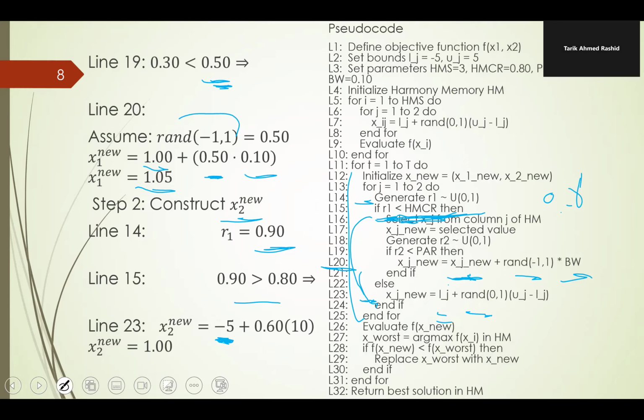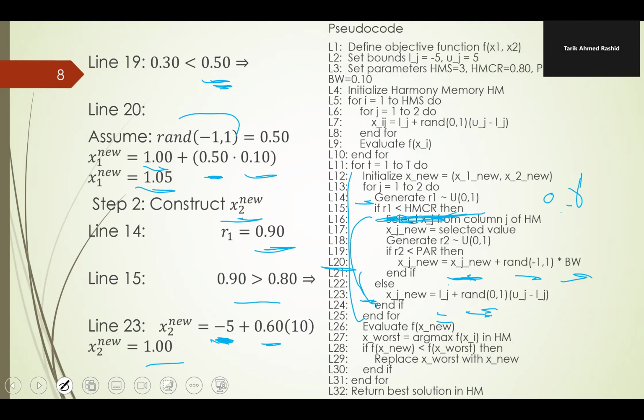So 5 minus minus 5 is 10, multiplied by 0.6, which is the random between 0 and 1. 0.6 multiplied by 10 is 6, minus 5 is 1. So that's the result.